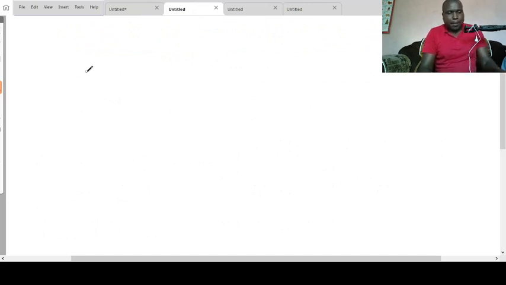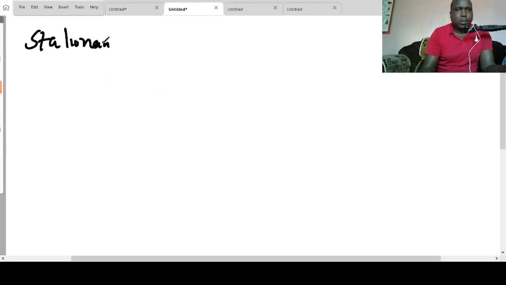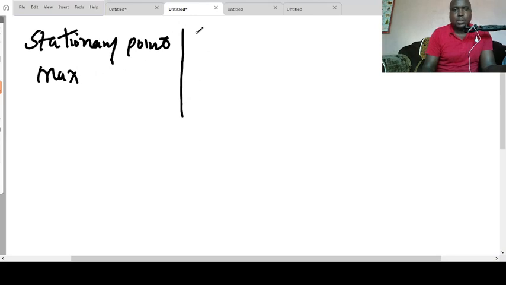So you realize that the maximum, let me use this table here. If this is the stationary point, if we have a maximum, then the gradient starts with a positive. The gradient function, the gradient to the left.